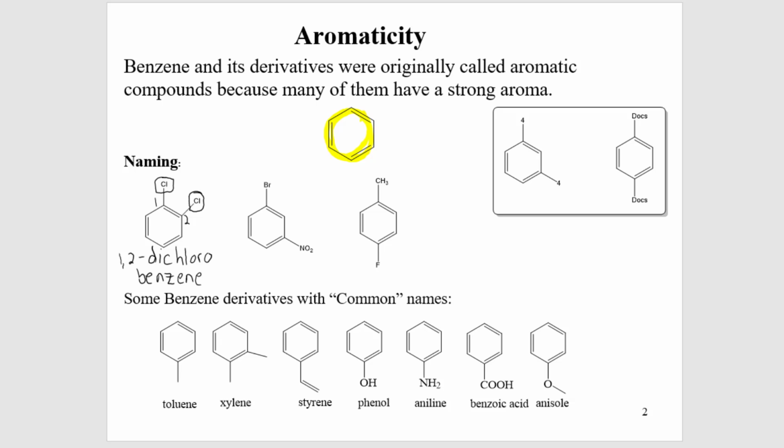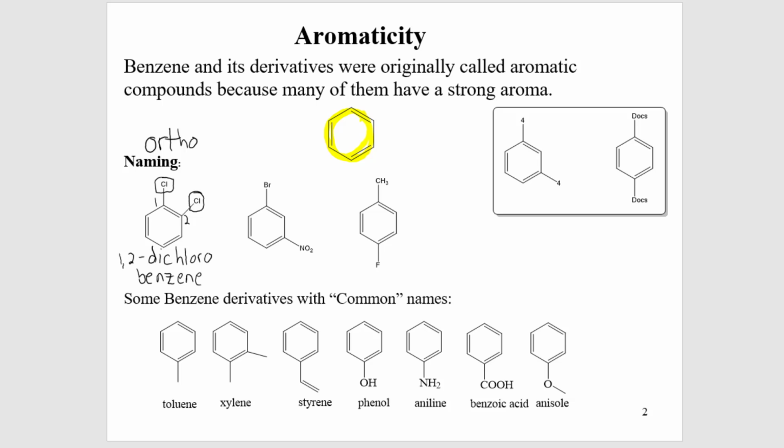Now, whenever you have 2 substituents, they don't even have to be the same substituents, when you have 2 substituents that are in the relationship of carbon 1 and carbon 2, basically right next to each other, this is called ortho.